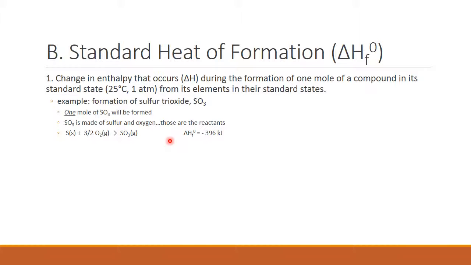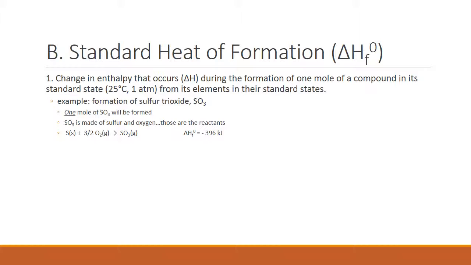And if we were to look this up, and this is what you would do, you would see it has a value of negative 396 kilojoules, or it might be written as negative 396 kilojoules per mole, because it's always for every 1 mole of substance that is formed.